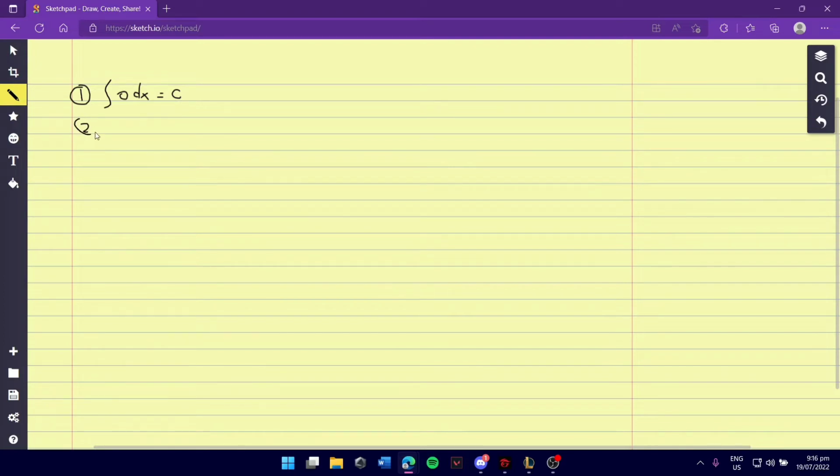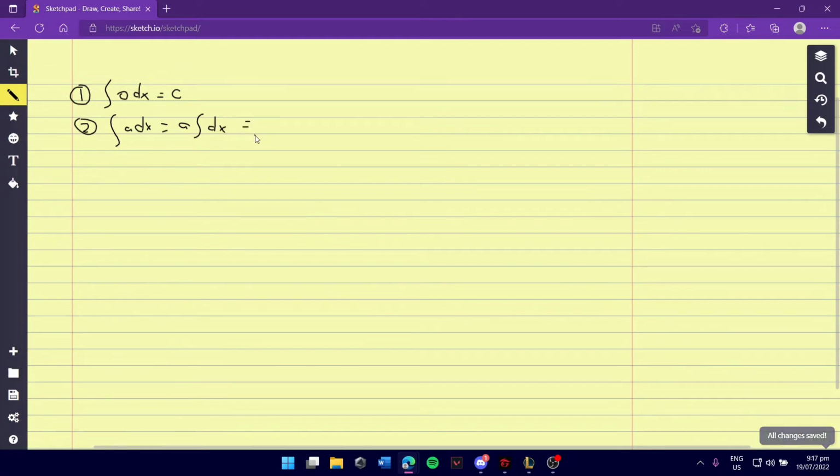Next we have the integral of a times dx. Our a here is a constant. According to the rule, we factor out the constant a first. So put a outside and then copy the remaining. Then we integrate dx.